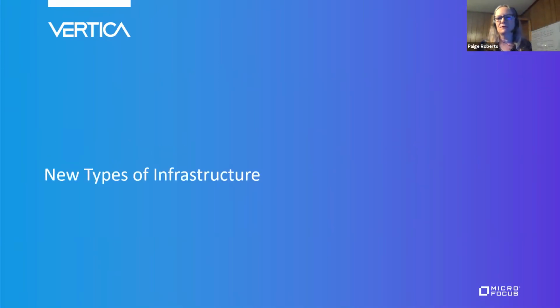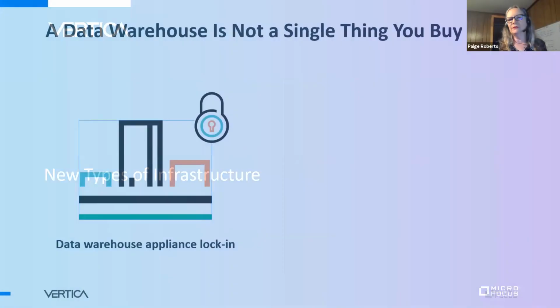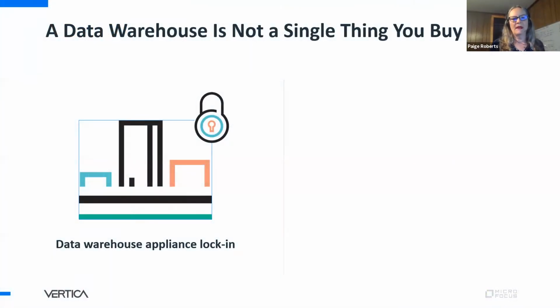Let's start with infrastructure. So in the old days, everybody has this concept of a data warehouse as a thing, and I'm going to buy it, and I'm going to have this data warehouse. Look, I bought a data warehouse, and I have it.